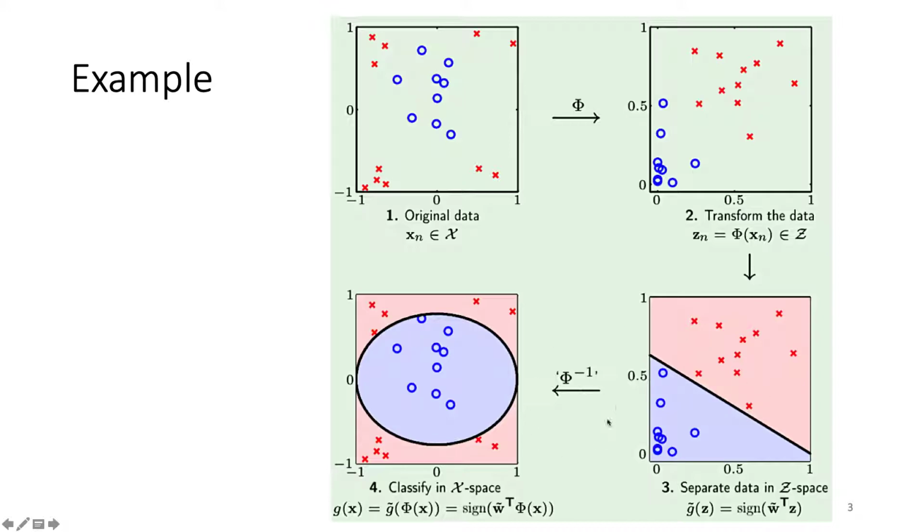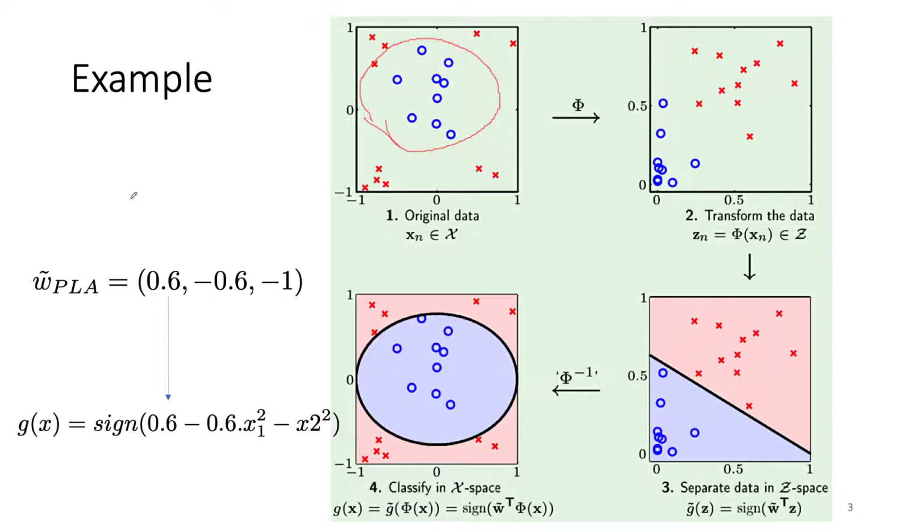And then coming back, if you do the inverse, it's as if you're looking from here to here. You're going to see it as if you were doing it in a circular way, which is definitely not a linear classifier, right? So the W tilde of PLA would become something like this.